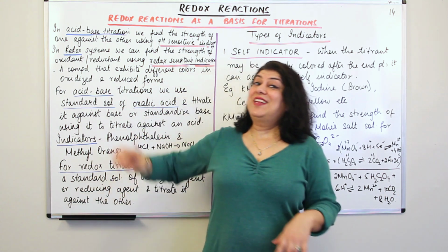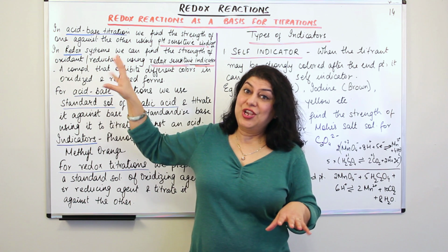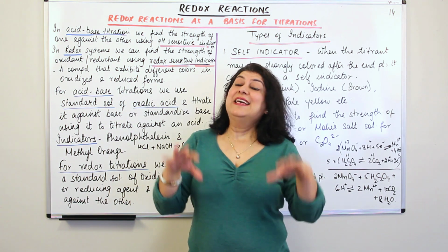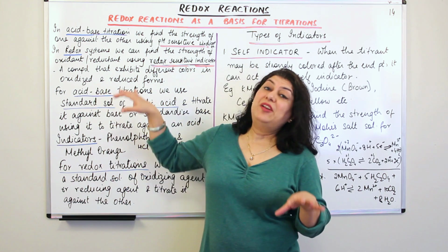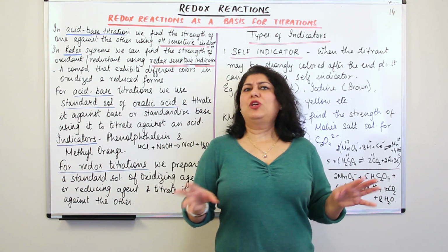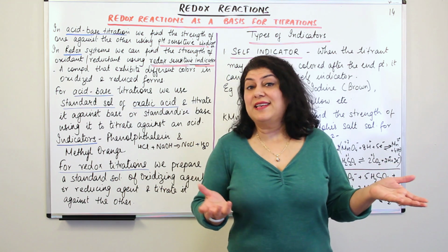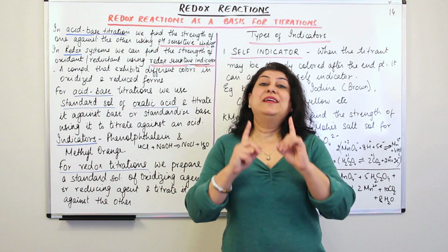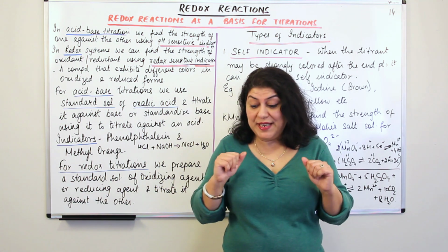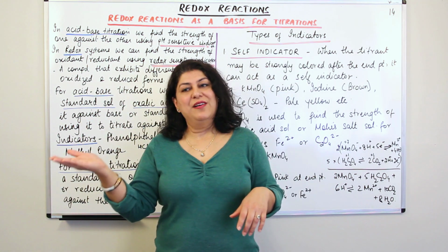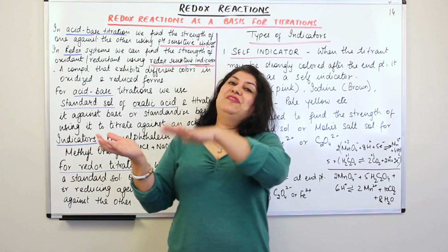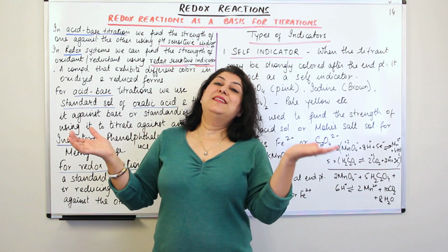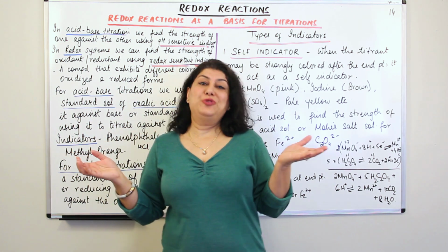So in the titration of redox reactions, you would also need indicators. And these indicators would be redox indicators. They may or may not be sensitive to acidic or basic medium, but they would be sensitive to reduction and oxidation, which means that they would have a different color when in the oxidized form, and a different color if the reaction mixture has excess of the reduced form.